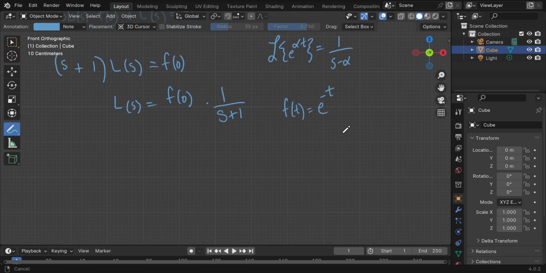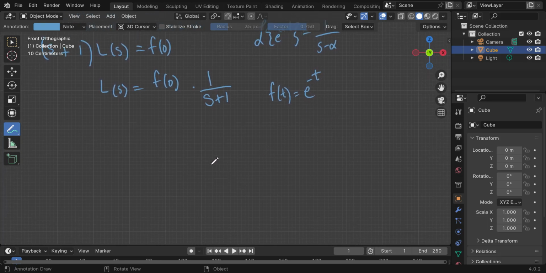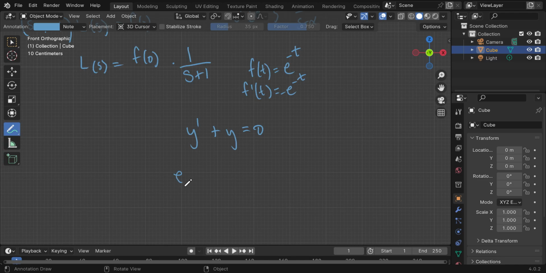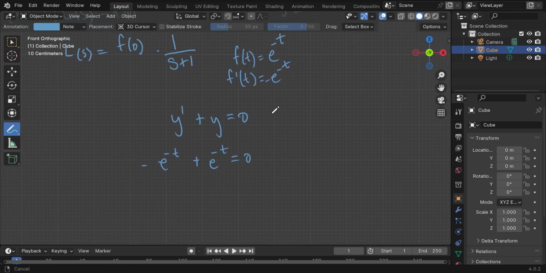If we look at the initial differential equation, it said y prime plus y equals 0. If we check this, we're saying that negative e to the -t plus e to the -t equals 0, which it does.